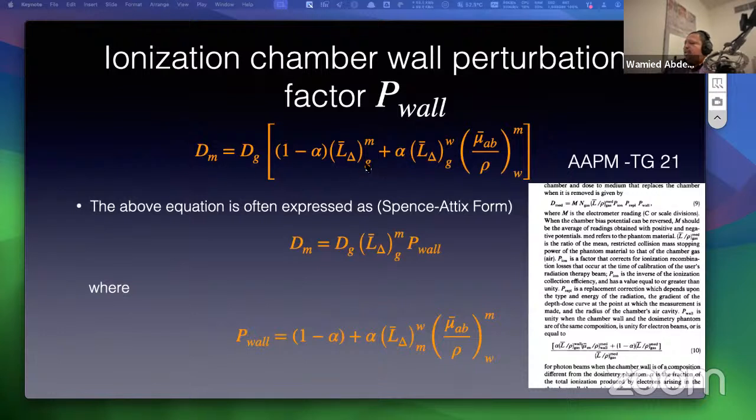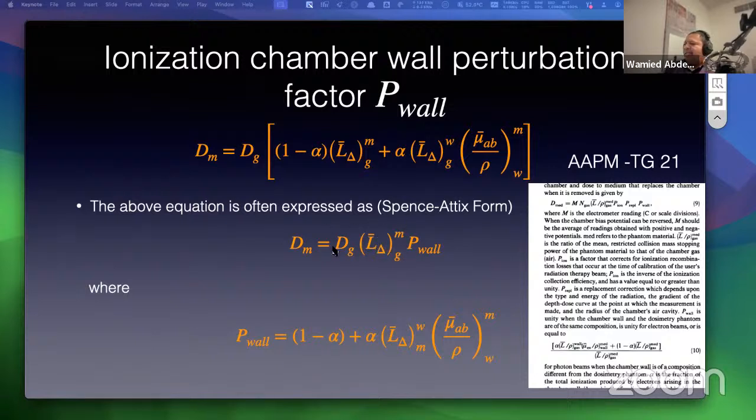Usually, I don't know if you have seen an equation like this before, but usually we like to write this equation in a very neat way. We write it as the product of the dose multiplied by the restricted collision stopping power.